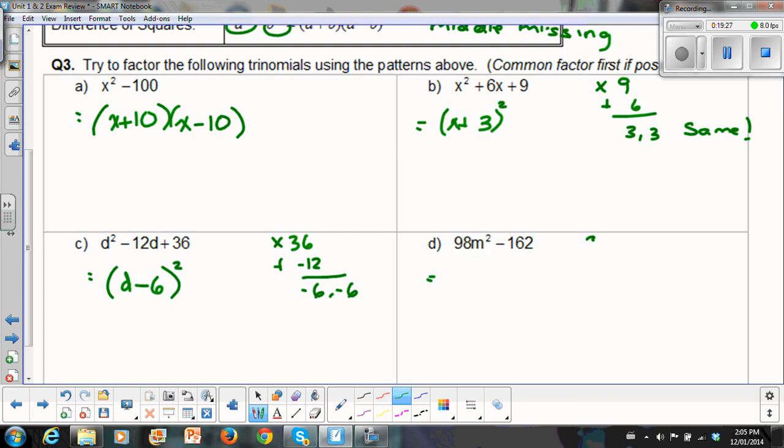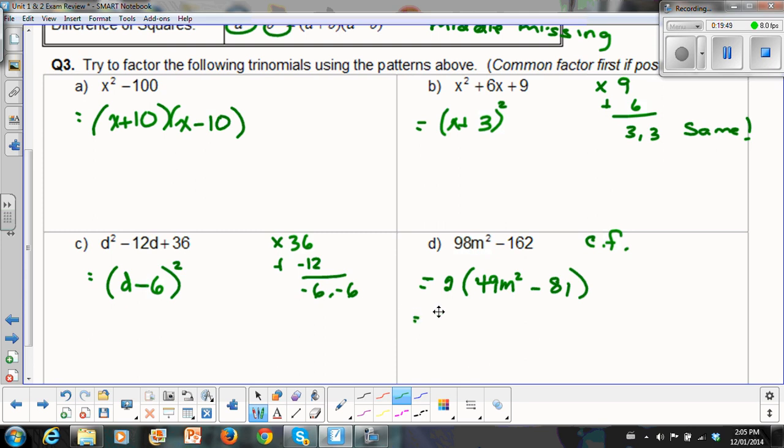Here we have common factors. You can common factor out a 2. And we're left with 49m squared minus 81.